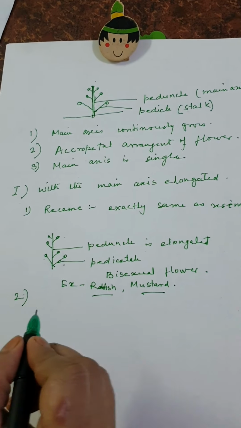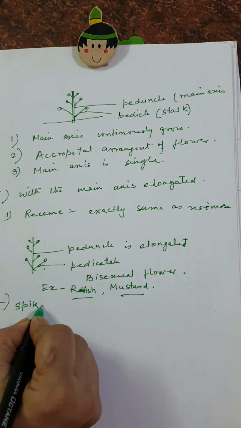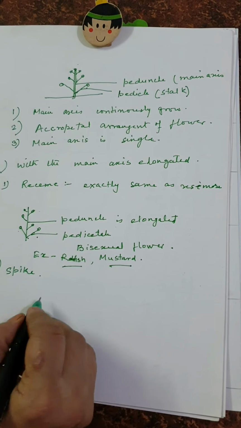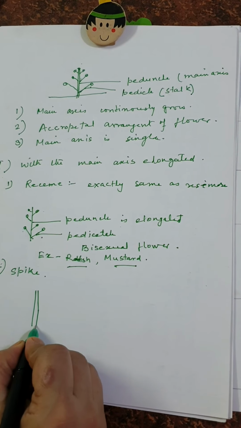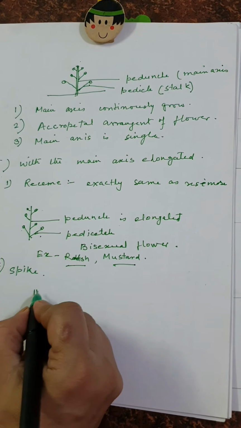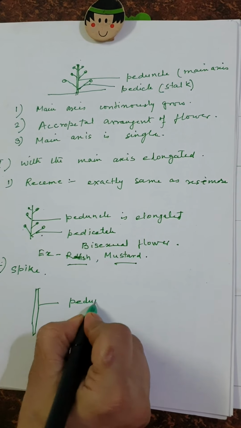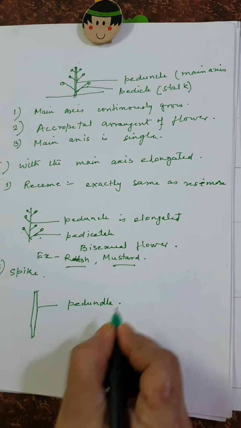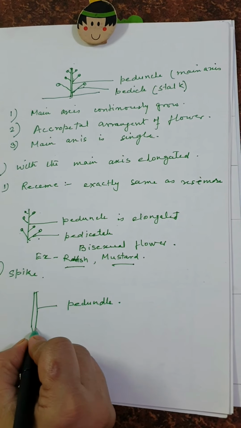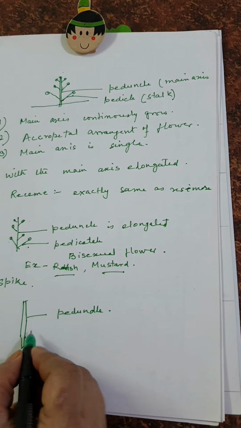The next type of inflorescence is spike. Here the peduncle is elongated, but the flowers are sessile. Sessile means there is no pedicel.